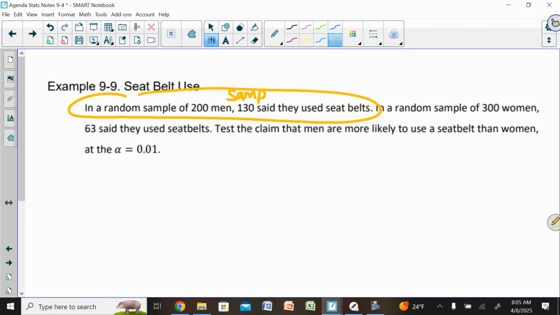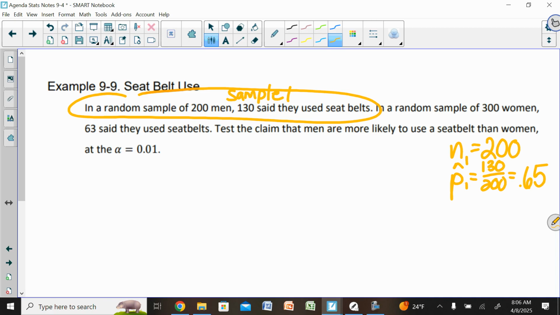Over here on the side, I'm going to jot down a couple things. For sample 1, our n1 is 200 men. Our p hat 1 will be 130 out of that 200, which calculates to 0.65, I believe. No 3 decimal rounding there because that was nice and neat.